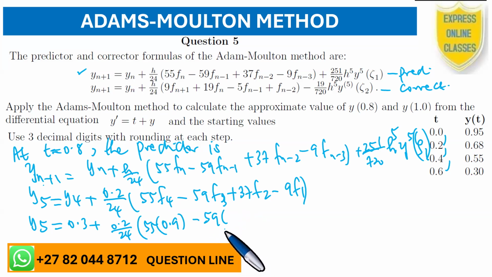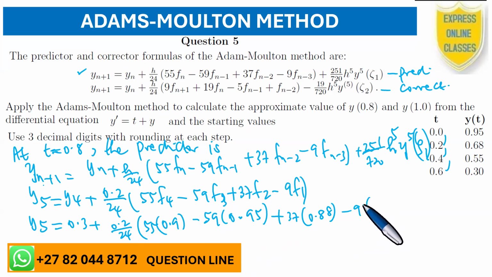So it's 55 at 0.9, and then there is 0.95 for F3. 37, your F2 is 0.88. We have seen that one.